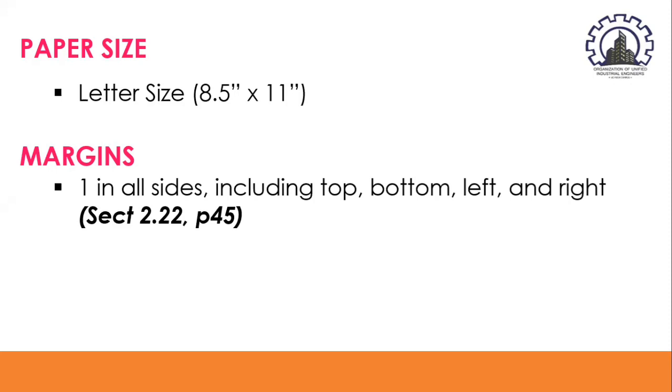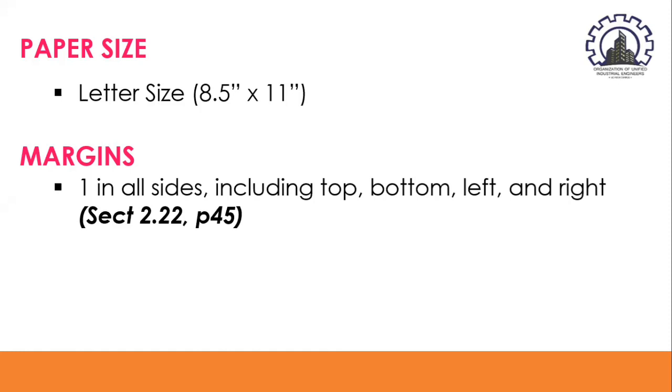So that should be 8.5 inches by 11 inches. And for the margins, it should be 1 inch on all sides, including top, bottom, left, and right, according to section 2.22, page 45 of the APA 7th edition guidelines.